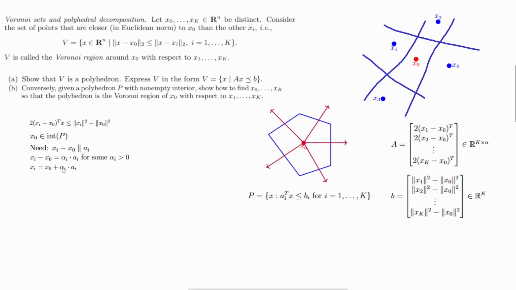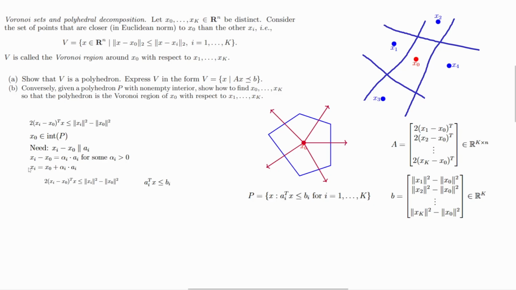This alpha here is chosen to make the constraints match exactly. So we're placing each xi outside P along the outward normal direction from x0. Now we need to find the right proportion, the right distance, alpha i. Taking a look at these Voronoi constraints, we want to match these with the polyhedral constraints.